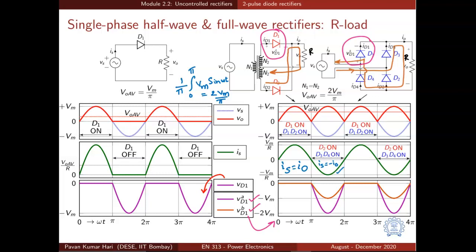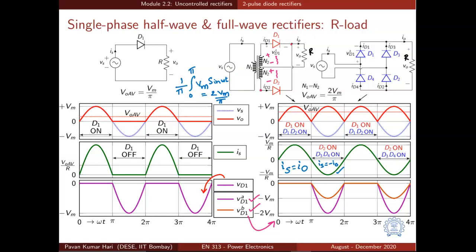But when D1 is off in the negative half cycle, what is the voltage seen by diode D1 in the center tapped transformer rectifier? It is the sum of the voltages across these two windings. In fact, the full secondary winding voltage will be experienced by diode, because when D2 is on, this point is connected to this point.